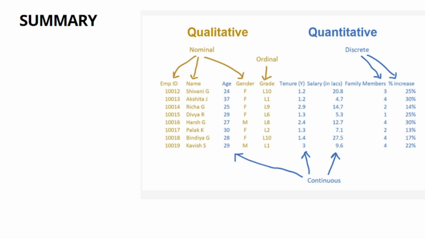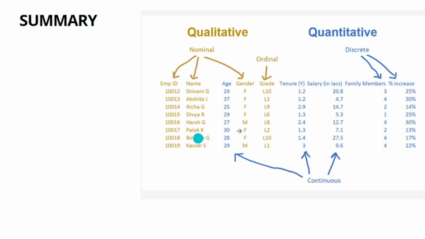We are going to divide them into qualitative and quantitative data. As you can see, the employee ID, the name, the gender and the grade are used to represent a label or a description. The gender is categorical in nature, so this is a nominal type. The name is also nominal type.